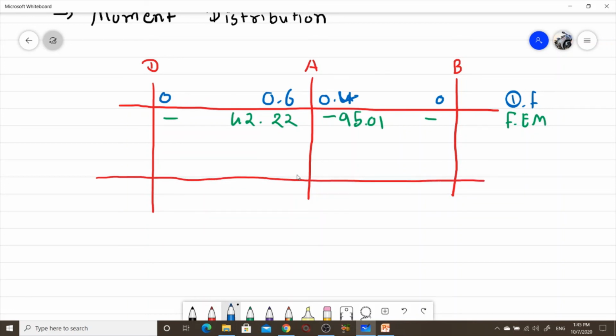Let's balance. Balance, okay. We have a 0 here.